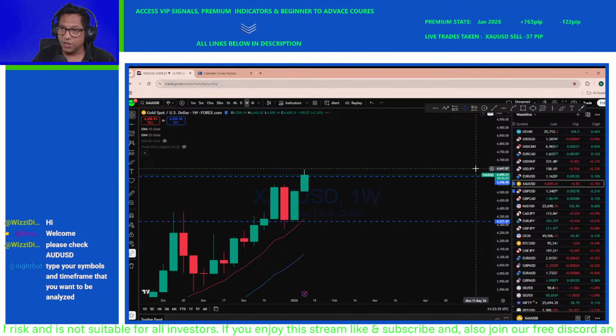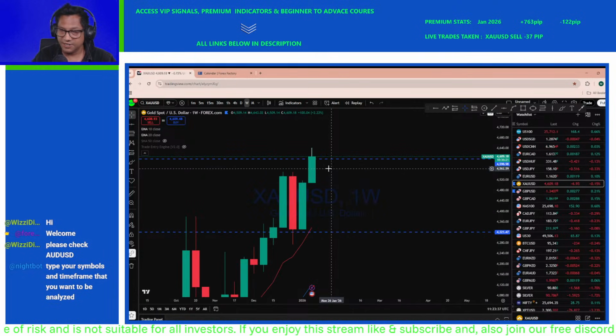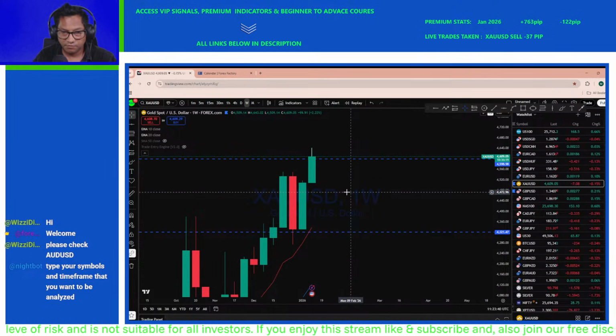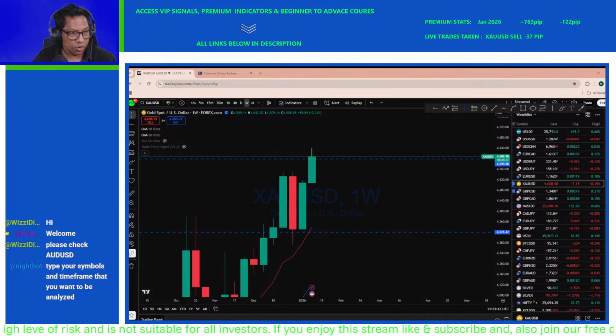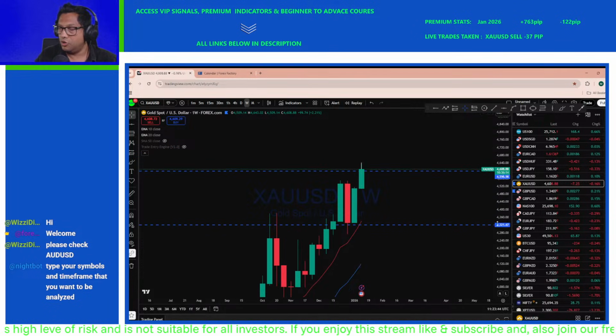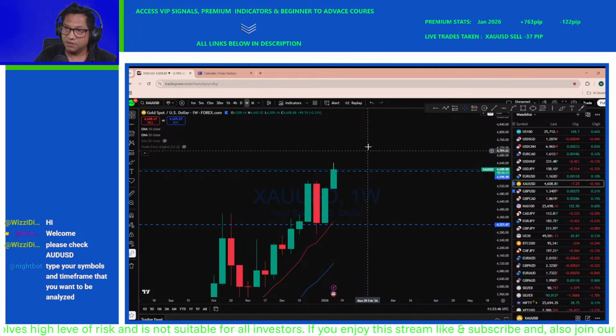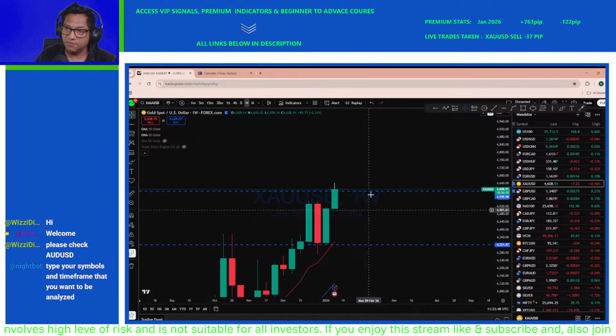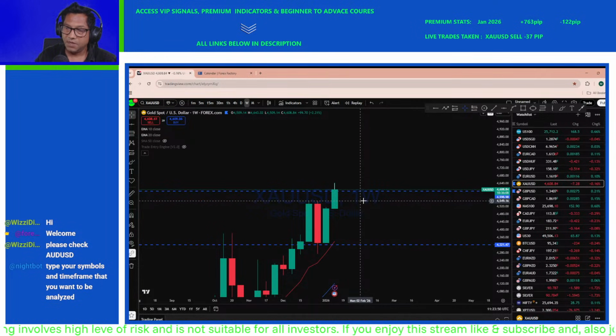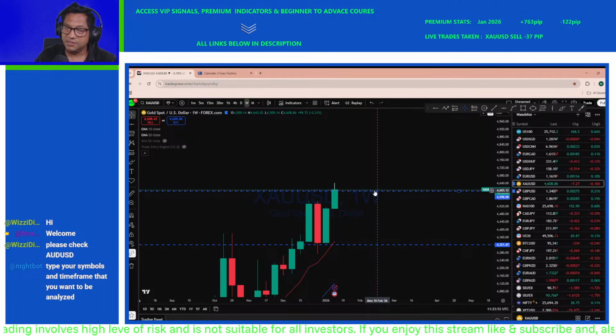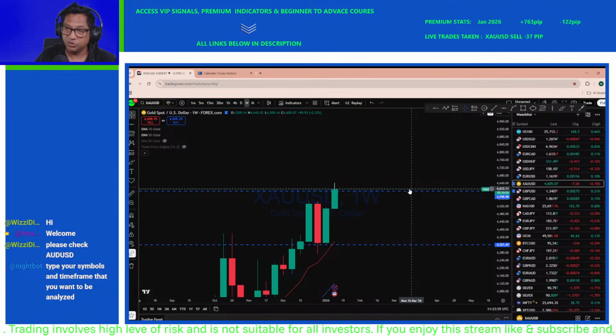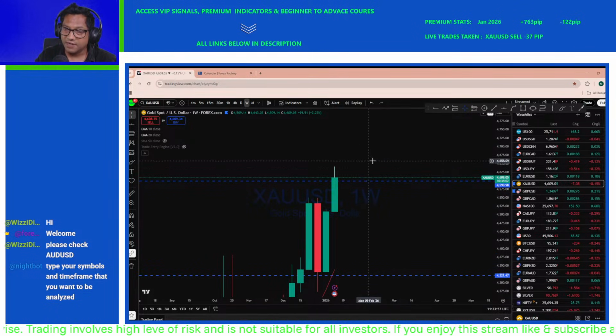If you look at the weekly chart that I'm looking at here, dropping down to the weekly, this is the weekly price action where the market is maintaining a series of higher highs and higher lows, which is a bull market from the weekly perspective.